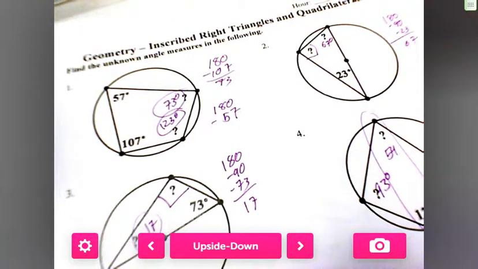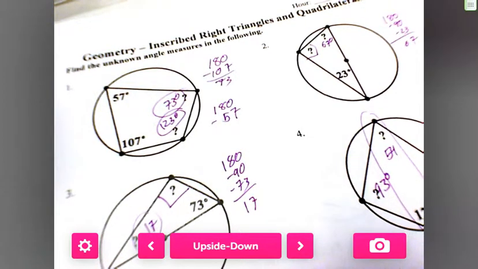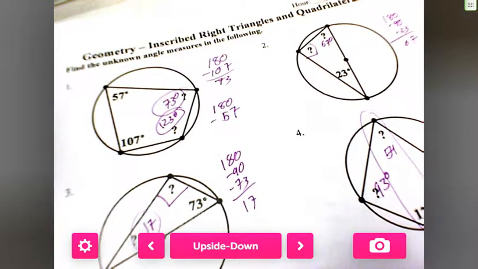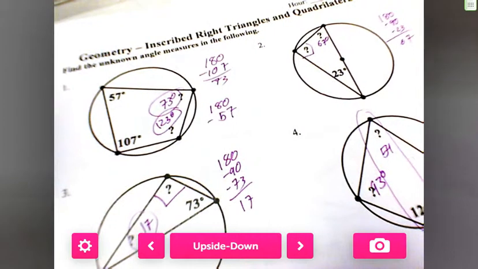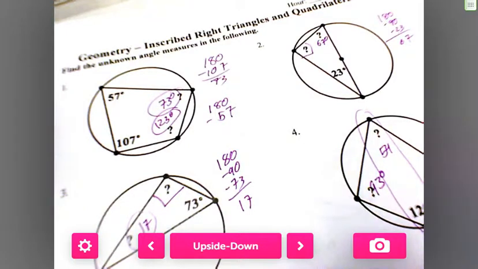Most of this is subtracting from 180. You should be doing the last 4 on your own, and then we'll check our answers.